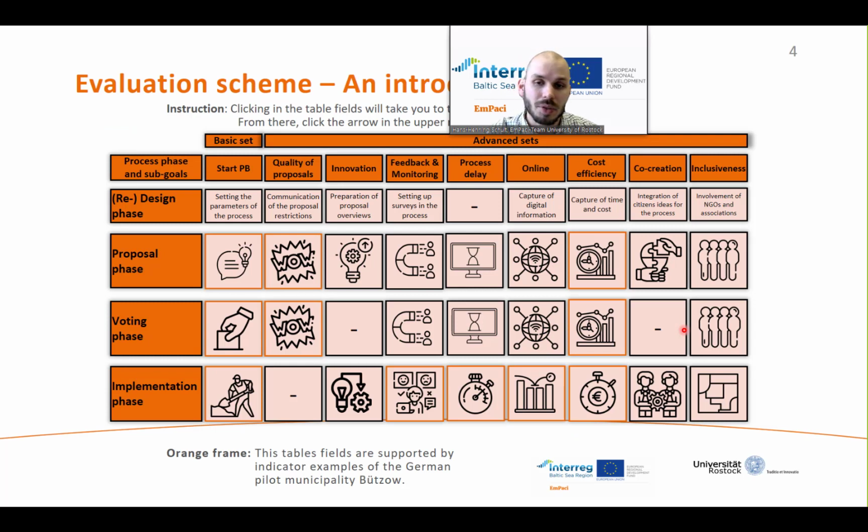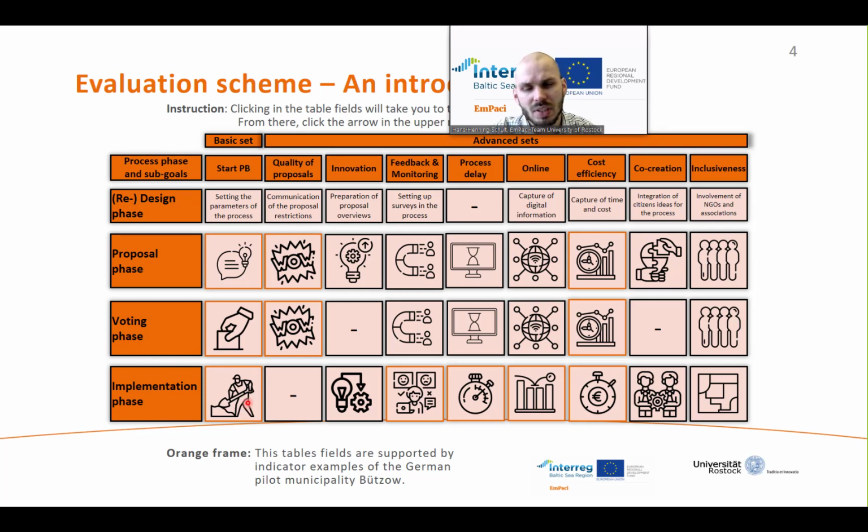And that looks like this, that we have the different phases, like the design phase when we set up the PB, how the process should look like and so on. Then the specific proposal phase, where proposals are made, for example, by the citizens or by the administration. Then we have the voting phase, where citizens vote, or maybe the administration votes on citizens' proposals, and the implementation of the proposals.